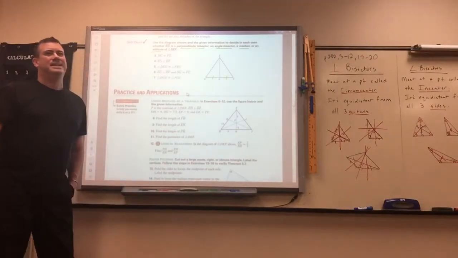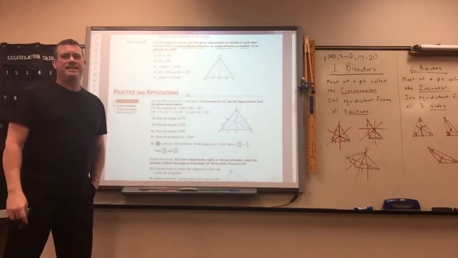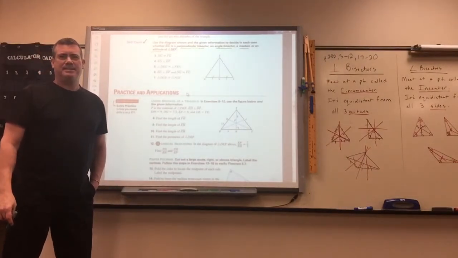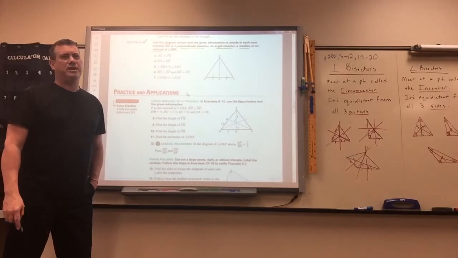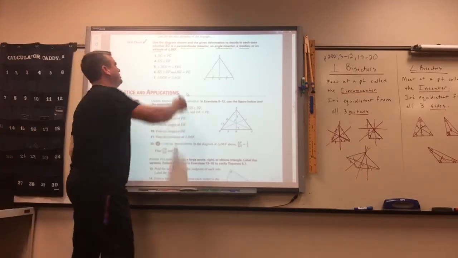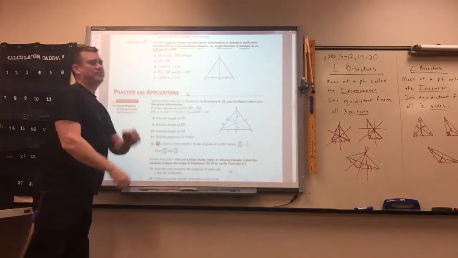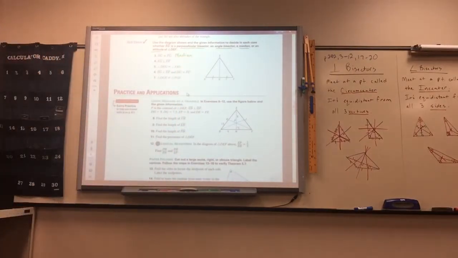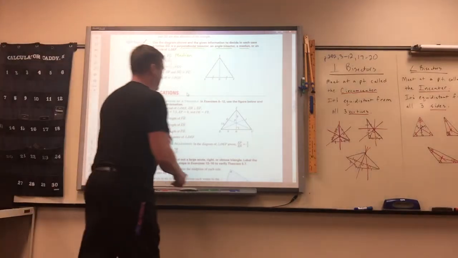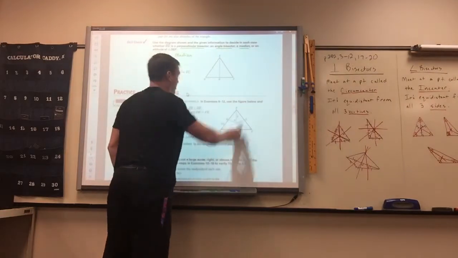So, is it a perpendicular bisector? No, there's no 90. It splits it in half, so what is it? Median. It's a median. Because there's no 90, we can't say perpendicular bisector. The next one says 90.